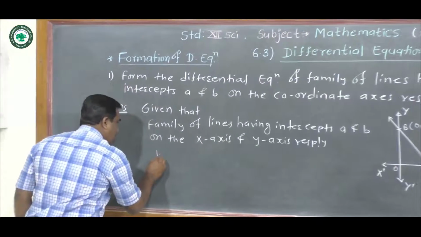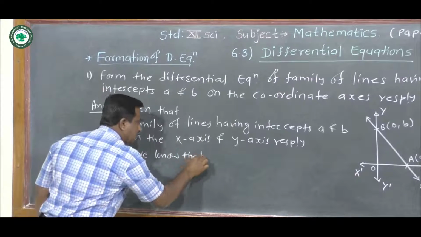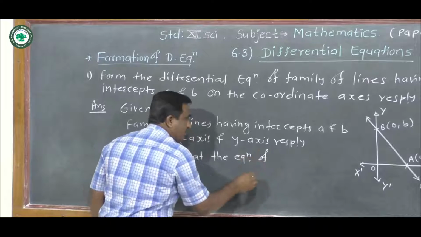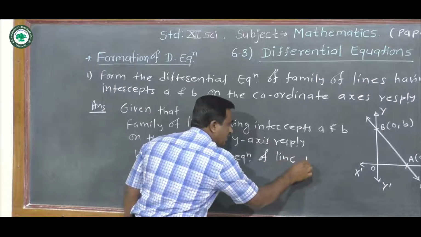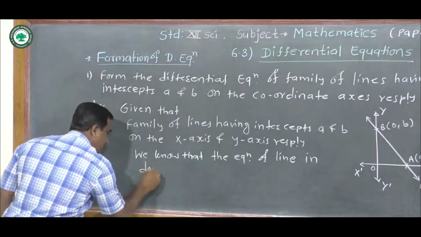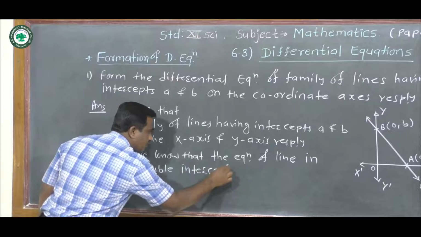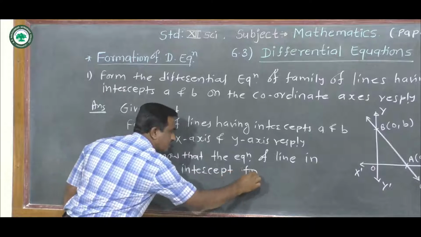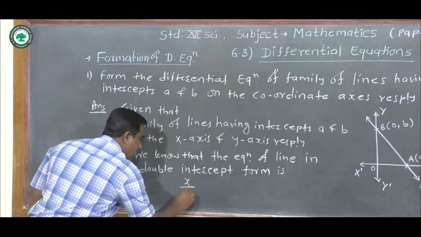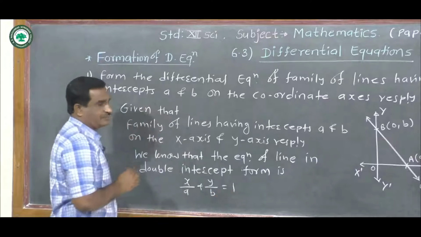Okay, we know that the equation of line in double intercept form is x/a + y/b = 1.